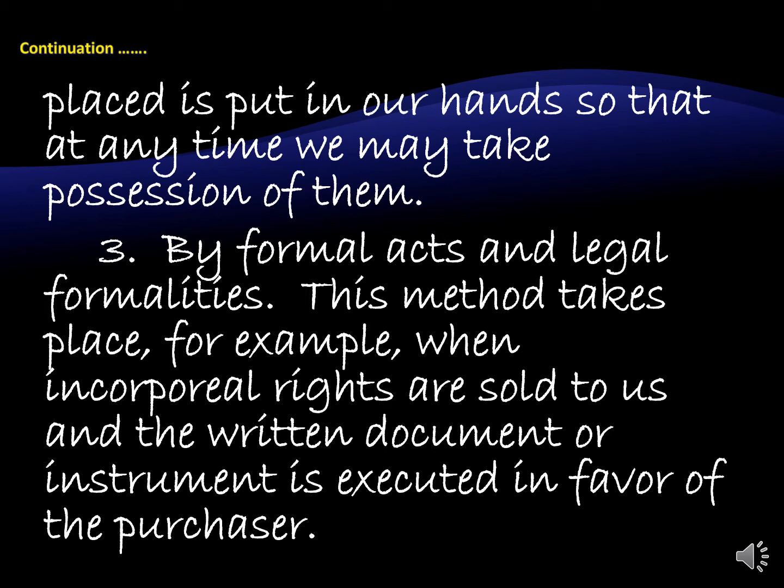Number three, by formal acts and legal formalities. This method takes place, for example, when incorporeal rights are sold to us and the written document or instrument is executed in favor of the purchaser. Now remember this. These are his own words. You don't see this in books, although in essence, this is what the books provide.